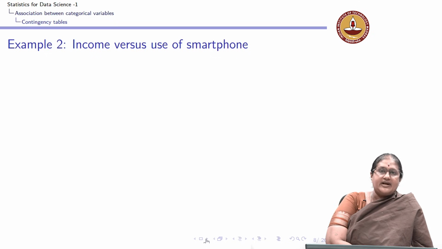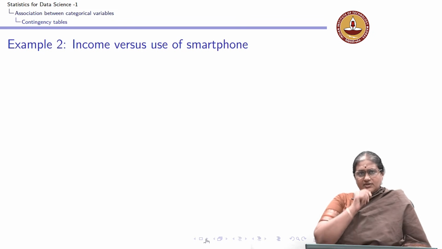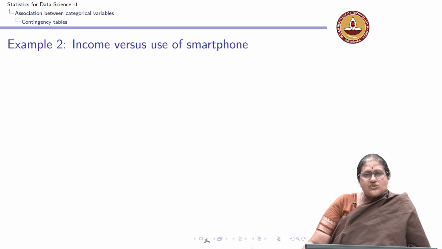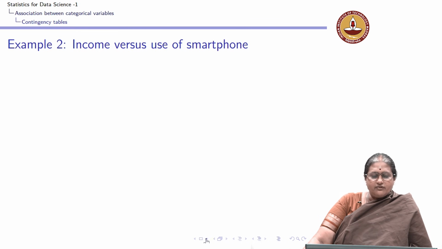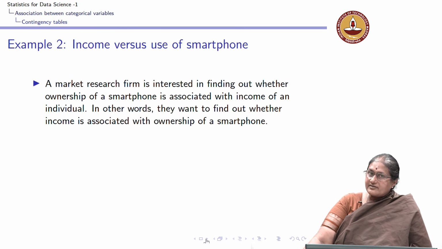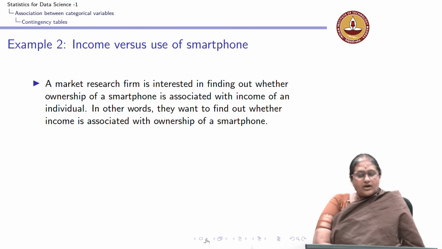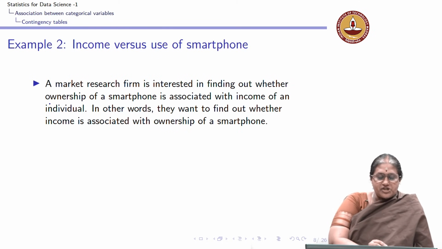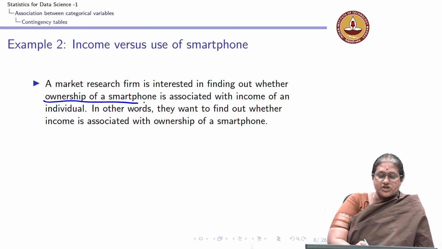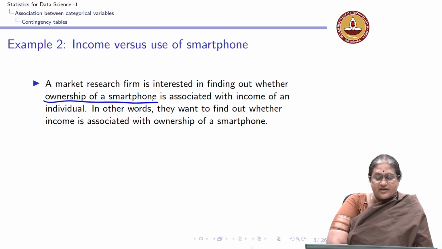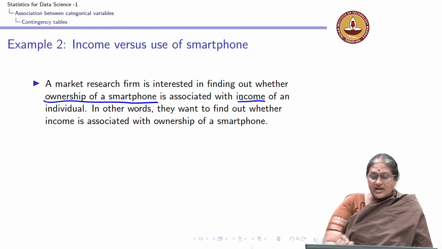I summarized that using a contingency table. Now, I am going to look at whether income is associated with ownership of a phone. Again we have the same market research firm, which is interested in finding out whether ownership of a smartphone is associated with income of an individual.